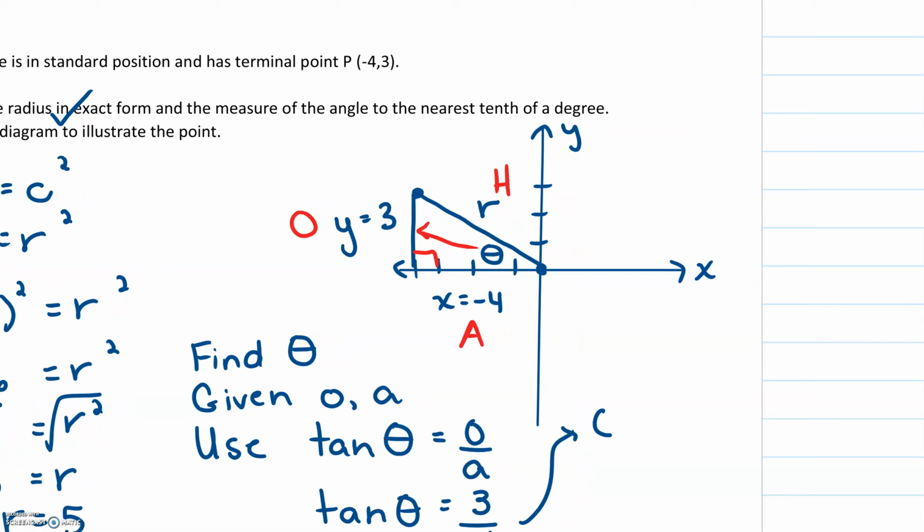So then you're going to do theta equals the inverse operation of tan, which is tan^-1 of 3 divided by -4.